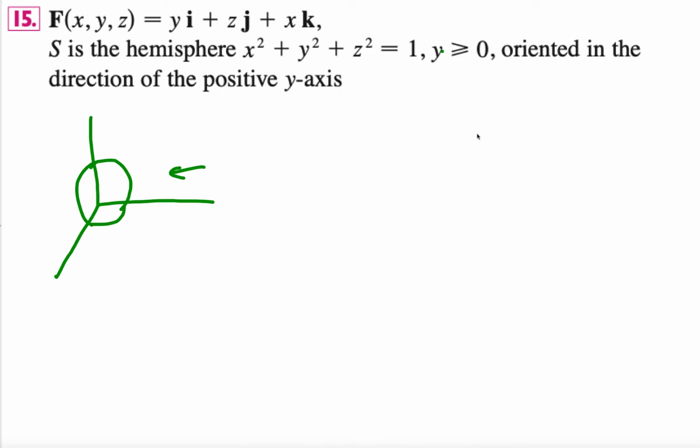So in other words, what I'm looking for here are x can be equal to cosine t. That's not bad at all. But y is equal to 0. And then z, instead of sine, is going to be what? Since I have to go down first, it's going to be negative sine t.